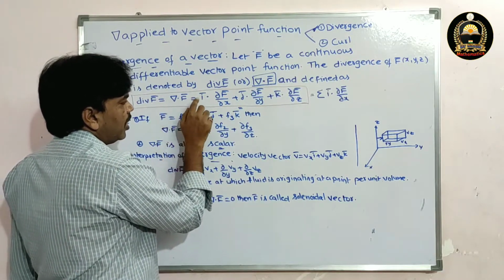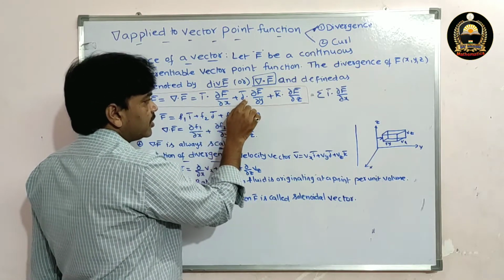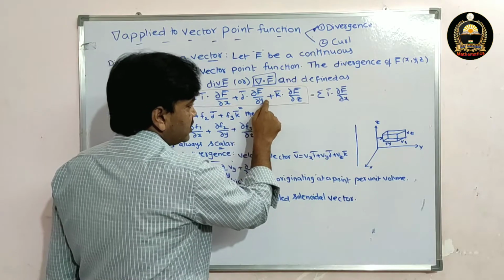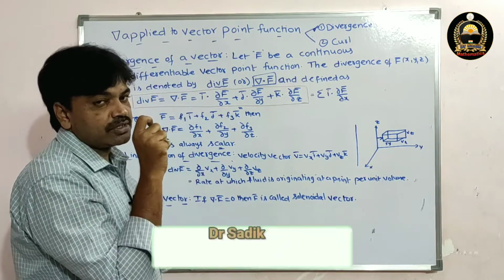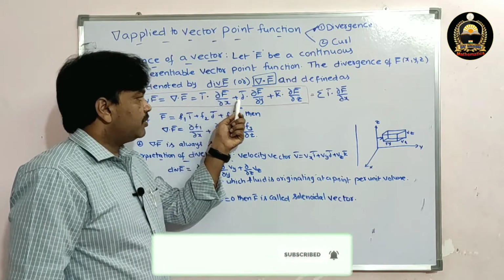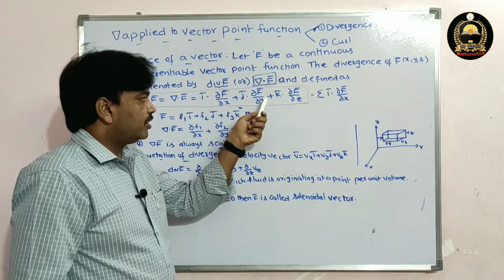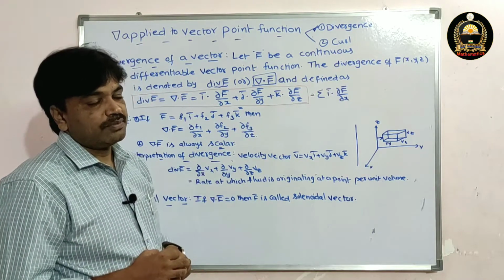It is defined as del dot f bar is equal to i bar dot dou f bar by dou x plus j bar dot dou f bar by dou y plus k bar dot dou f bar by dou z. Once again, students, important: i bar dot dou f bar by dou x plus j bar dot dou f bar by dou y plus k bar dot dou f bar by dou z.